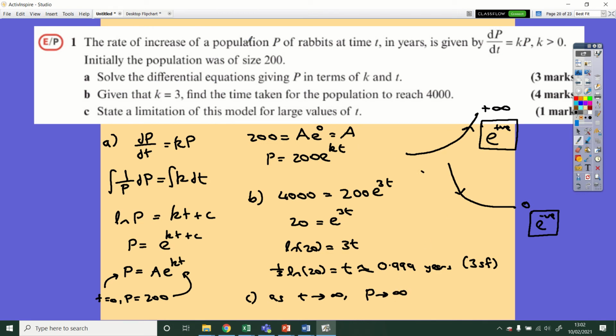Because we've got some population of rabbits that clearly isn't going to go to infinity because there's going to be some kind of limiting factors there. Okay, so maybe I'll put this as well. Other factors. There might be some predators about. There might be something else in the environment that's stopping this population from growing too high.